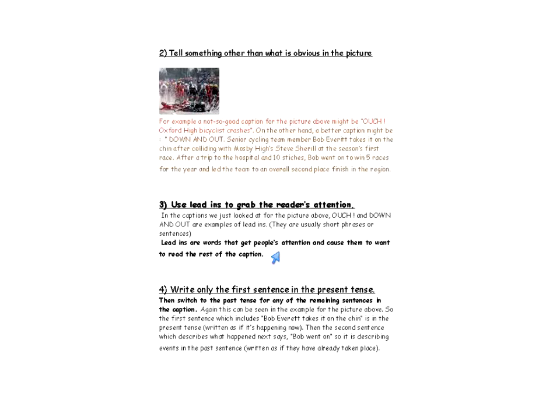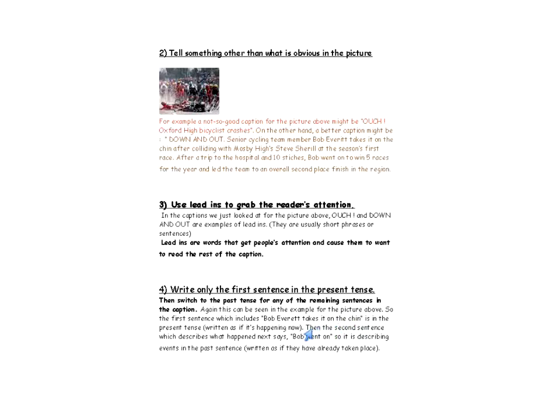Rule number 4, write only the first sentence in the present tense and then switch to the past tense for the remaining sentences. So you can see that in the example above. So the first sentence, it said down and out, and then it went on to say, Bob Everett takes it on the chin. So that's the present tense, right?